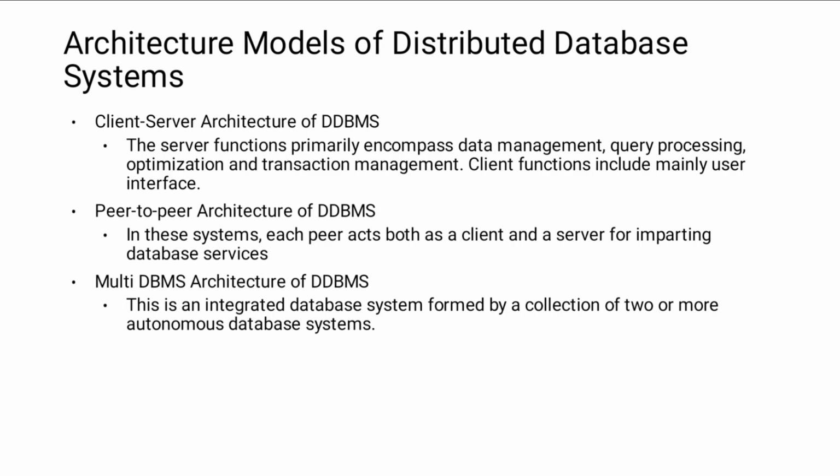The server provides functions such as data management, query processing, optimization, transaction management, etc. In peer-to-peer, all systems act as either a client or a server. Multi-database management system is an integrated database system in which the previous architectures are integrated to form a collection of two or more autonomous database systems.